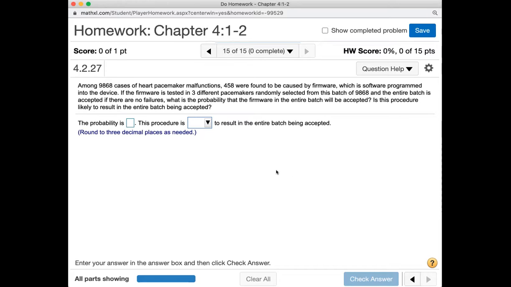That's going to be 1 minus the probability that the pacemaker selected randomly was found to be caused by the formula, which is 458 over 9,868, right? So let me solve the problem on the sketch paper.